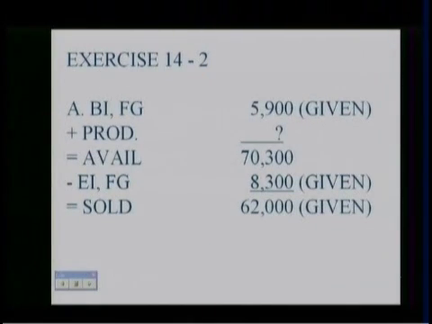Working backwards then, if you're going to sell 62,000 and your ending inventory has to be 8,300, then you're going to have available 70,300. Of those 70,300, you already have 5,900 units. So what you have to do then is produce 64,400 units. So that's how you calculate the number of units you want to produce.